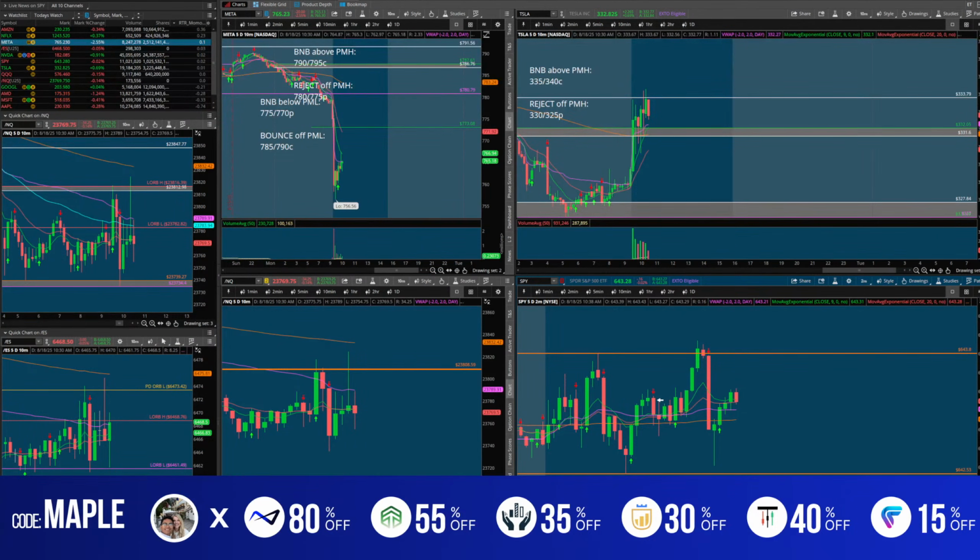ORB high would probably be pretty good on ES, but it's just in the middle, man. I could take NQ short, risking VWAP, maybe. I don't know. NQ short, VWAP risk area.